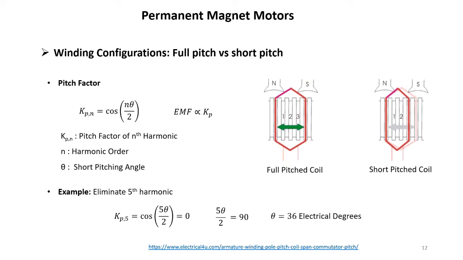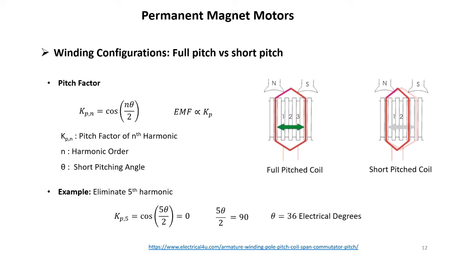And how we do it, we have something called the pitch factor. So what is short pitch, first of all? Normally, in the winding system of the motors, we have the 180 electrical degree distance between the two sides of the coil. If you see the full pitch coil, it means that one side of the coil is under the N pole, but the other side is under the S pole, which is the 180 electrical degree.